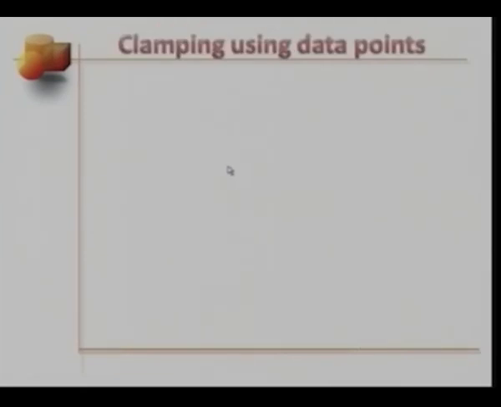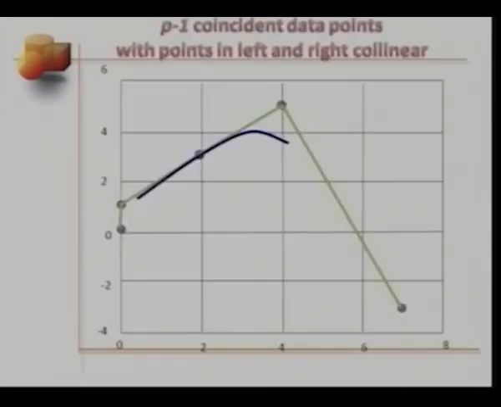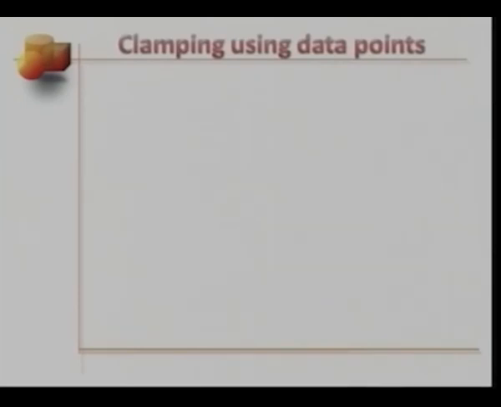Clamping using data points. Now just observe what is happening here. I can make a B-spline curve pass through a design point if I raise the multiplicity of that design point suitably. We use the same concept here to clamp our B-spline curve at the two endpoints.